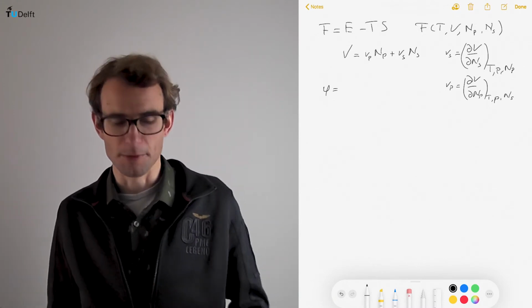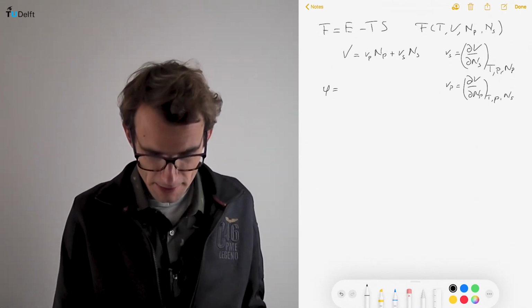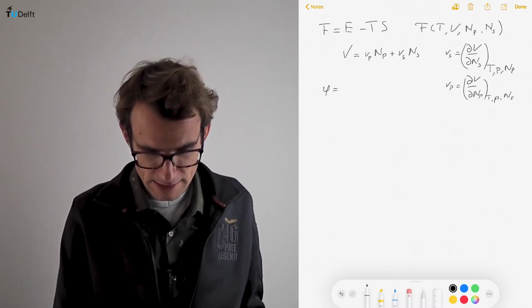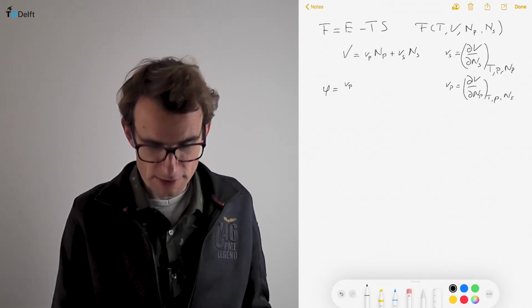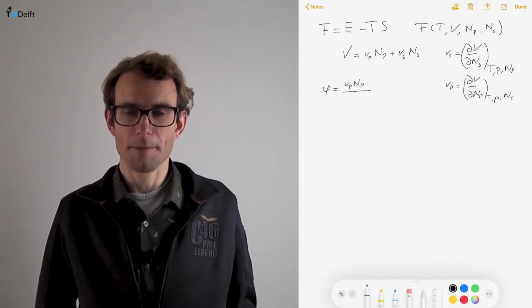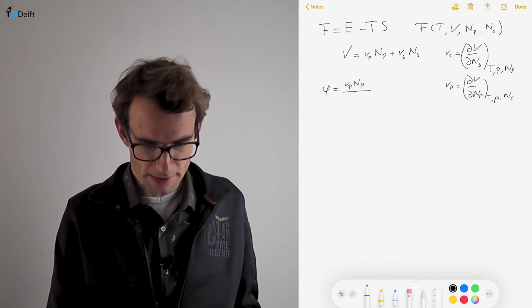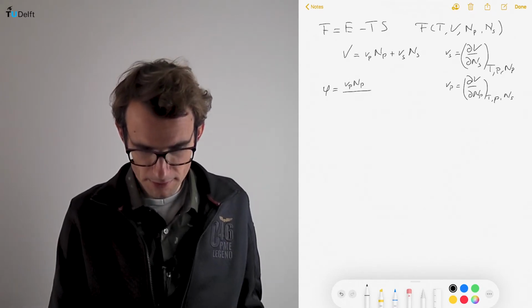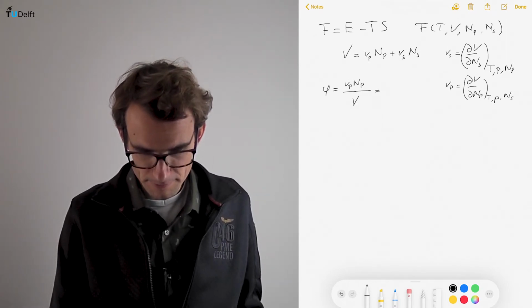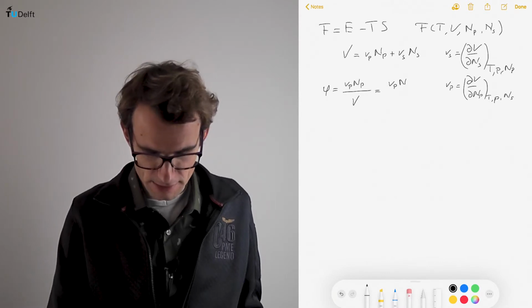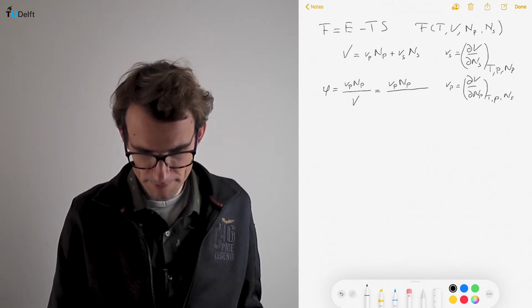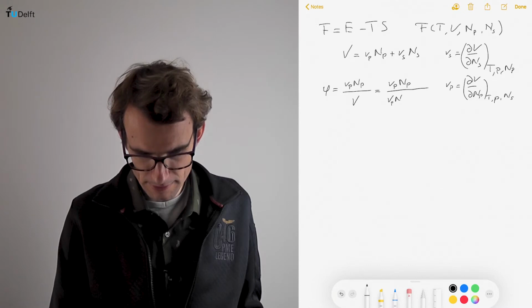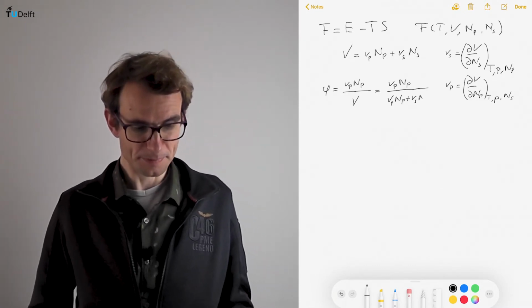You can also, of course, take the number of solvent particles, doesn't matter. So I'm going to define this as V_P N_P, the volume taken up by the solute particles divided by the total volume, or using the expression above, we get this expression.